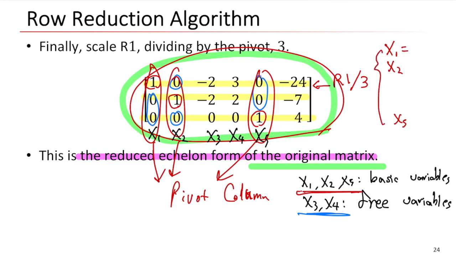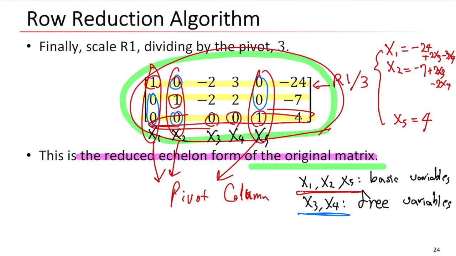So x1 is equal to minus 24 plus 2 x3 minus 3 x4. Then x2 is equal to minus 7 plus 2 x3 minus 2 x4, and x5 is equal to just 4, right? Because there are no nonzero values in the x3 and x4 positions.